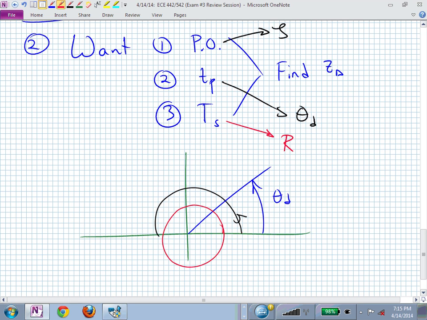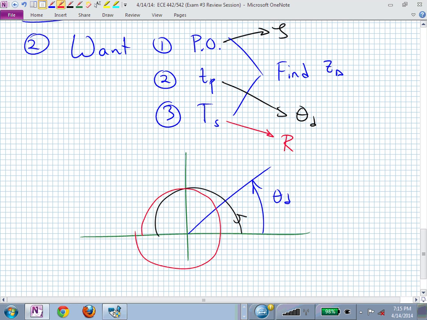So now what I should have done is made the circle a little bit more interesting. How do I want to do this? Let's say that my circle is centered at the origin, humor me.